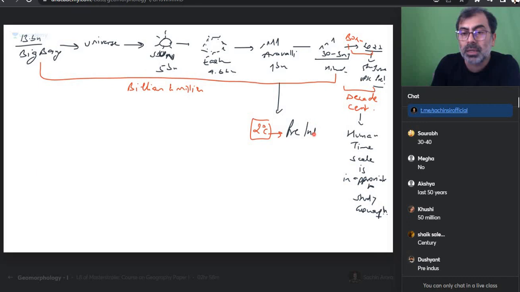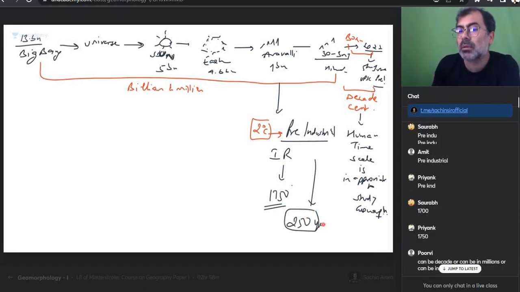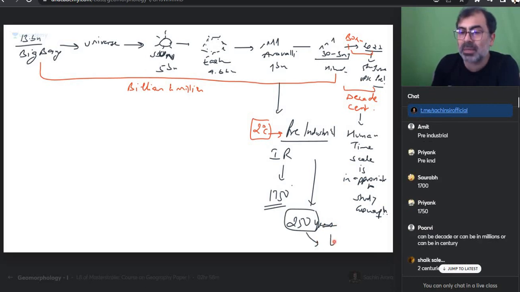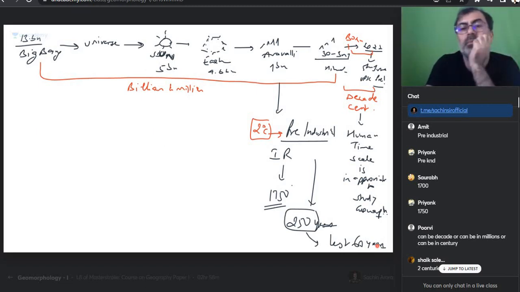Above pre-industrial temperature. Industrial revolution, when did it happen? 1750. So recent climate change is from when? The last 250 years. And even in that, I do accept that the last 60 years post World War II have been tremendous. So tell me, recent elections, recent climate change, has the meaning changed?